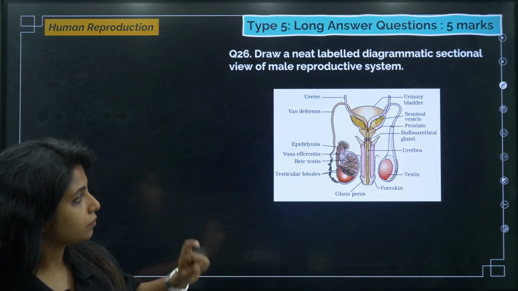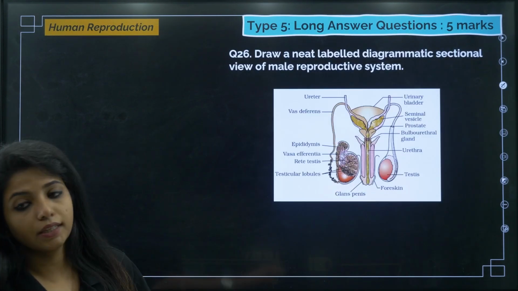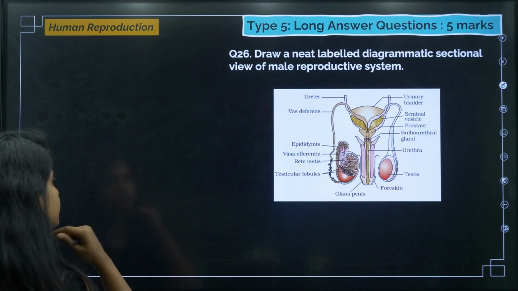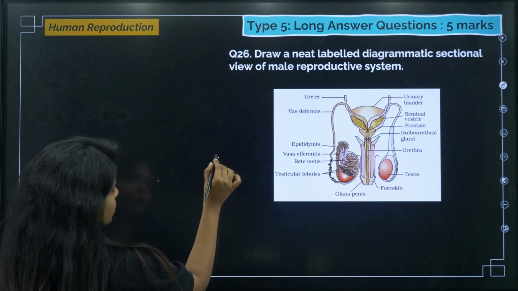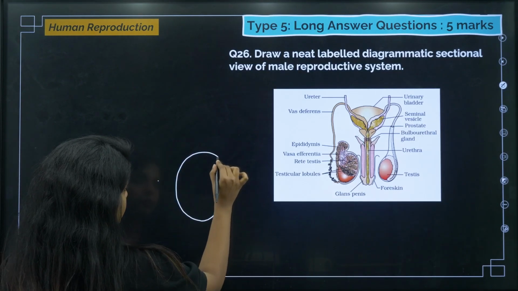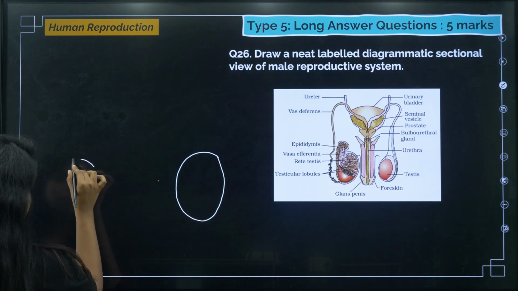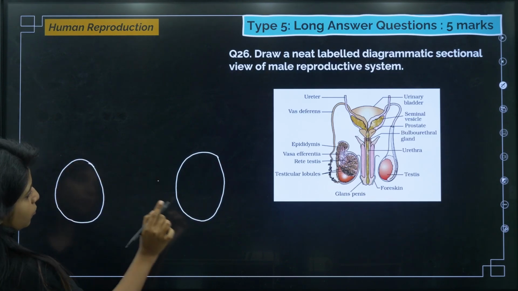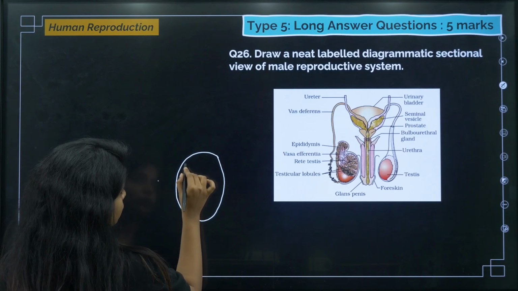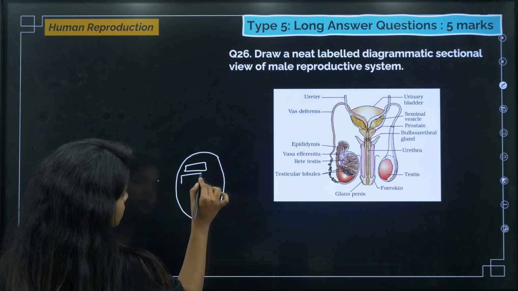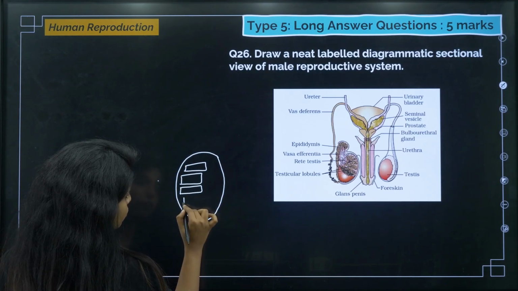So the male reproductive system looks like this. How can we draw it? Let's see. Over here, initially, you have testis 1, and this is testis number 2. So I'm just making one testis. Over here we have the testicular lobules, my dear children.